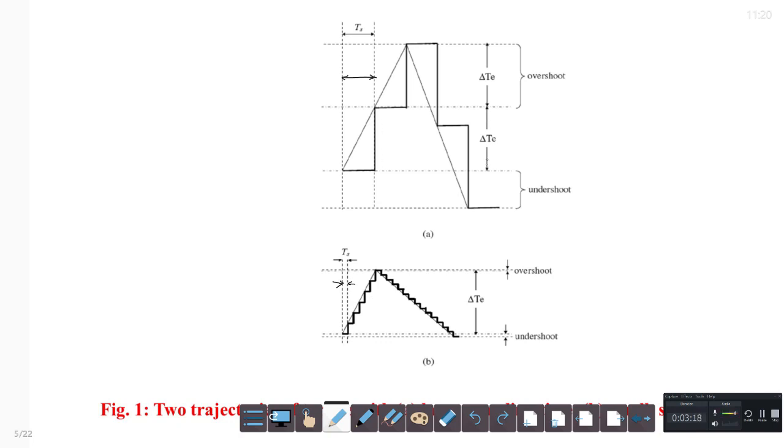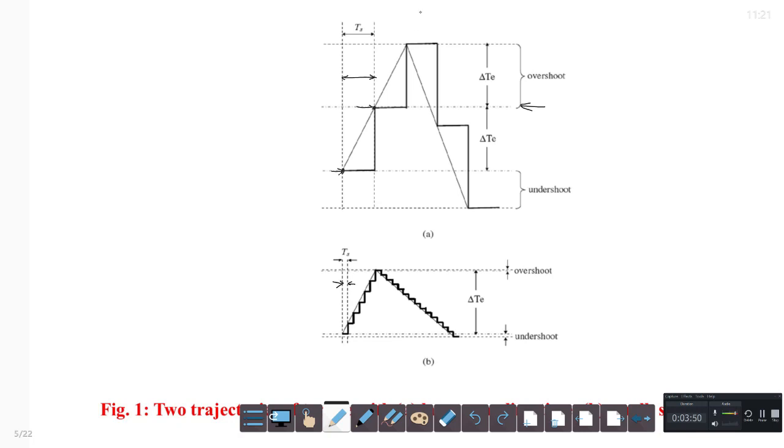Because the change in torque is very large with a larger sampling time, the overshoot and undershoot will also be large. So, this is the reference torque. When you start from this initial value of torque and increase the reference value, there will be a sudden overshoot due to the application of the voltage vector.